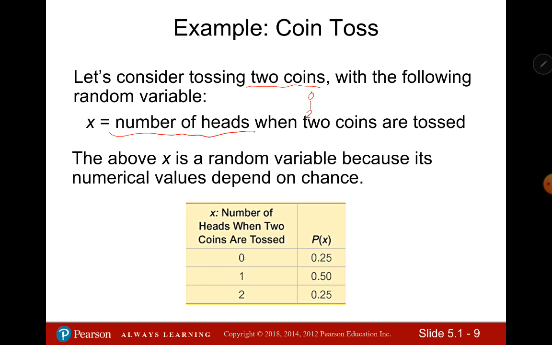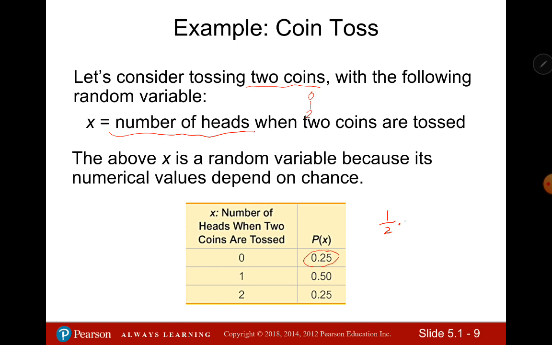So for the first one, 0 heads. How can we get this probability? We know for the first coin, what's the probability to get a tail? It's 1/2, right?